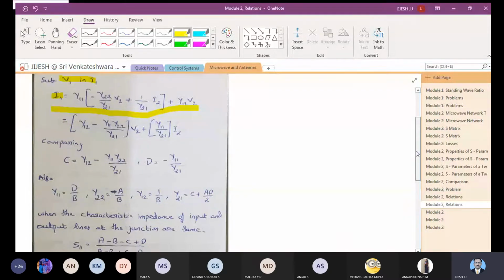If you have completed, we'll have one more set of equations where we relate the ABCD parameters with S parameters. So we need to find out S11, S12, S21, and S22. We'll see how these ABCD parameters are interrelated to S parameters. If you have completed this, shall I scroll down?